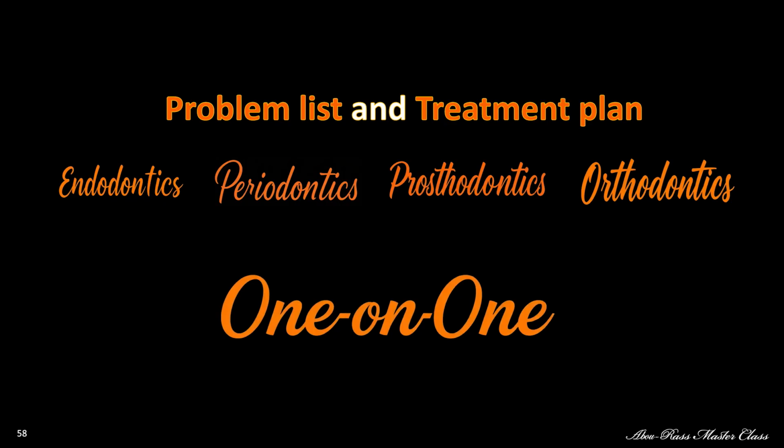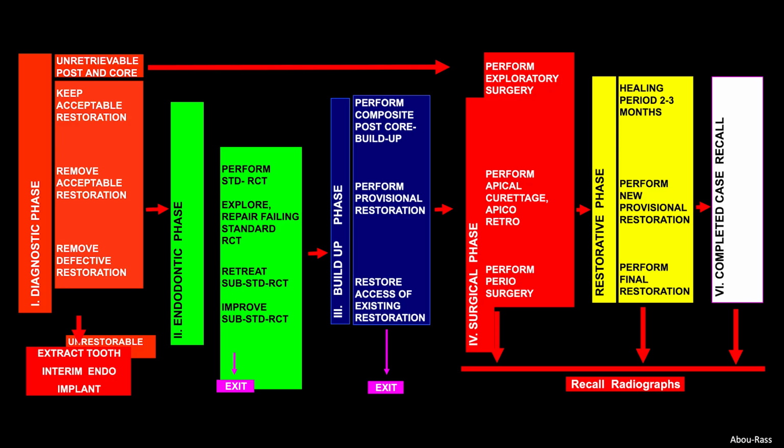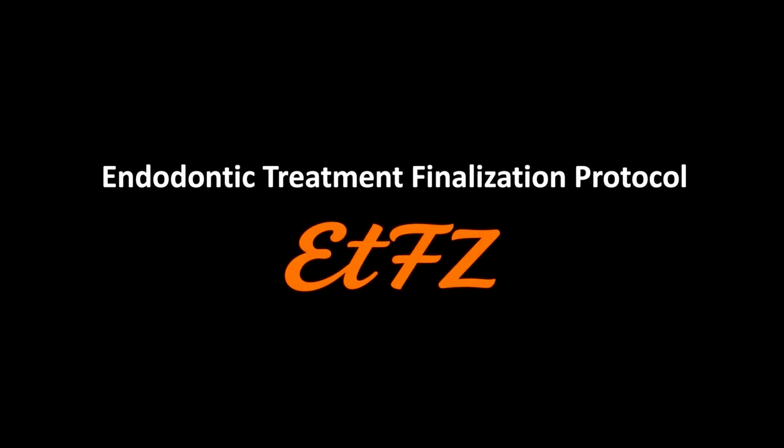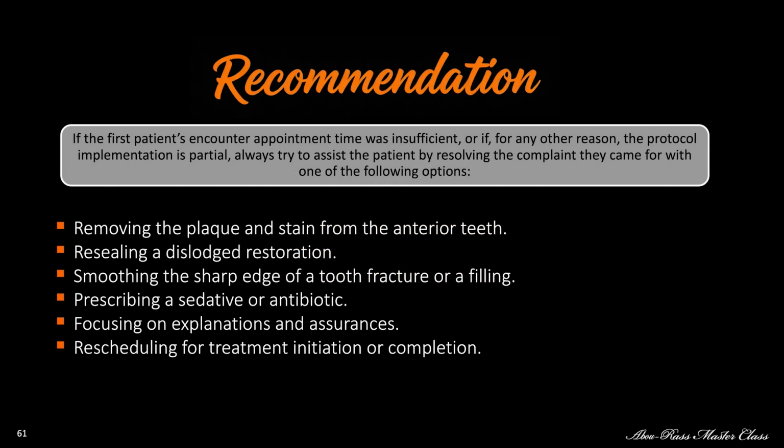And you decide, is it endo, perio, prosto, or ortho? All of that is now put together, and then you go to the treatment finalization protocol, which is basically another protocol I have. There will be a master class on it, on how to proceed step by step. And that is called the endodontic treatment finalization.